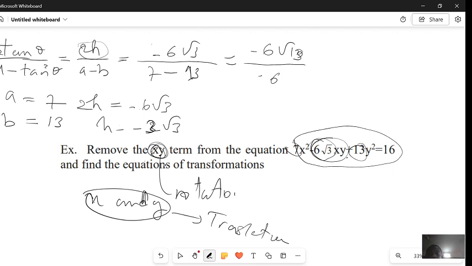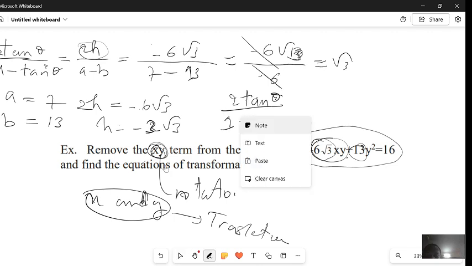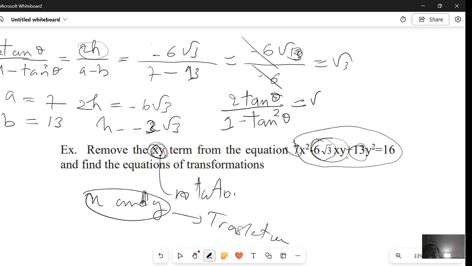So minus 6 and minus 6 cancel, I will have square root of 3. Now if we found square root of 3 from here, I will have 2 tan theta over 1 minus tan square theta equals square root 3.